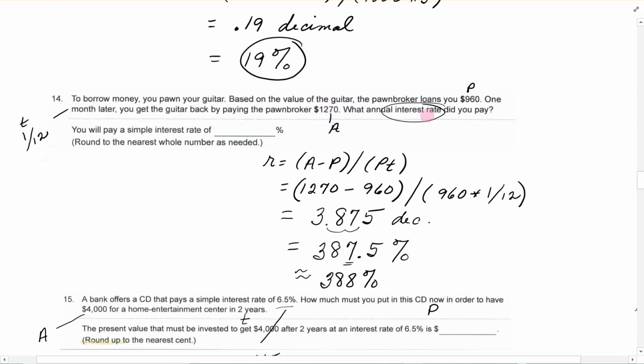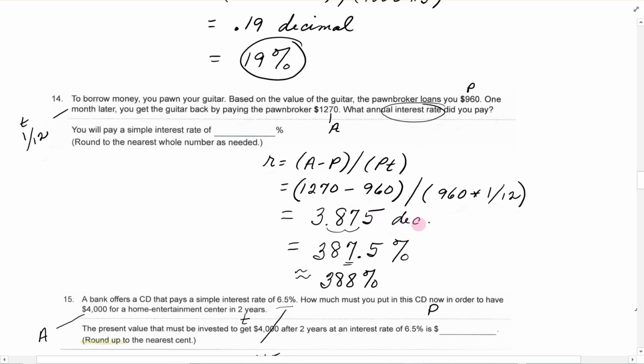What annual interest rate did you pay? Once again, interest rate. Use the formula for R. It is $1,270 minus $960, that's in parentheses, divided by 960 times the time, which is 1 divided by 12. You get kind of an unexpected large decimal number, 3.875.